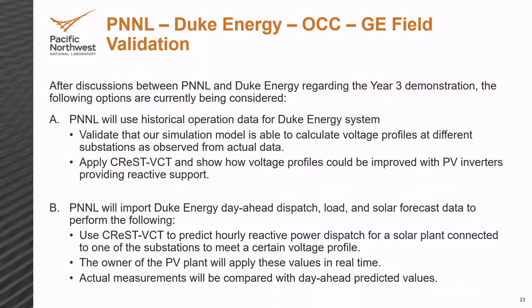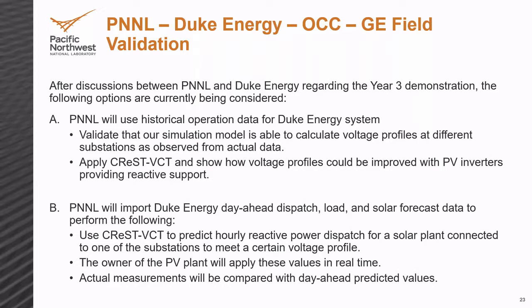Another piece of this work that we are trying to do this year is what we call limited field verification. We are trying to get a day-ahead forecast for one of the substations from Duke Energy, their forecast for load and solar for the next day, and figure out how we can dispatch a commercial solar plant, the active power from this solar plant, to maintain a certain voltage level.